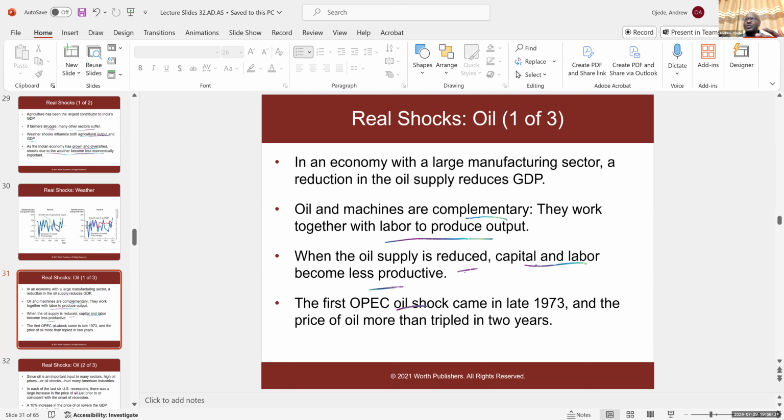So sometimes they collude and meet, and then they just decide to decrease the global supply of oil. So they did that in the 1970s. Can you believe that the global oil price increased from $7 a barrel to about $38 a barrel? That's a big shock. And then that affected global manufacturing, even here in the United States.